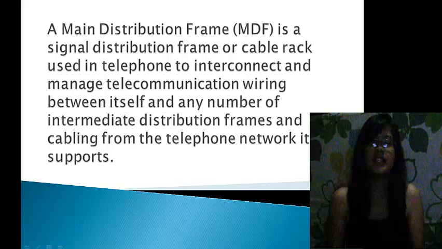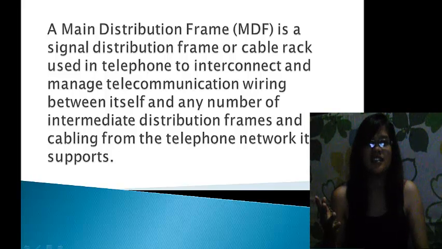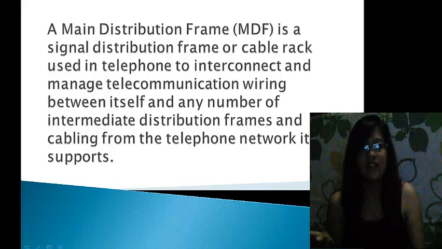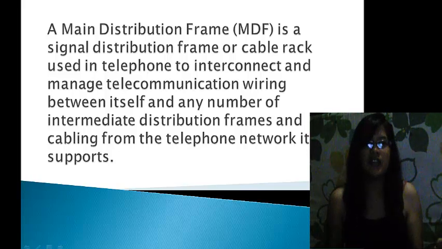The MDF is the main computer room for servers, hubs, routers, DSLs, and others, while the IDF is the remote room or closet connected to the MDF by fiber optic cable. You can expect to find the IDF in hubs and patch panels.